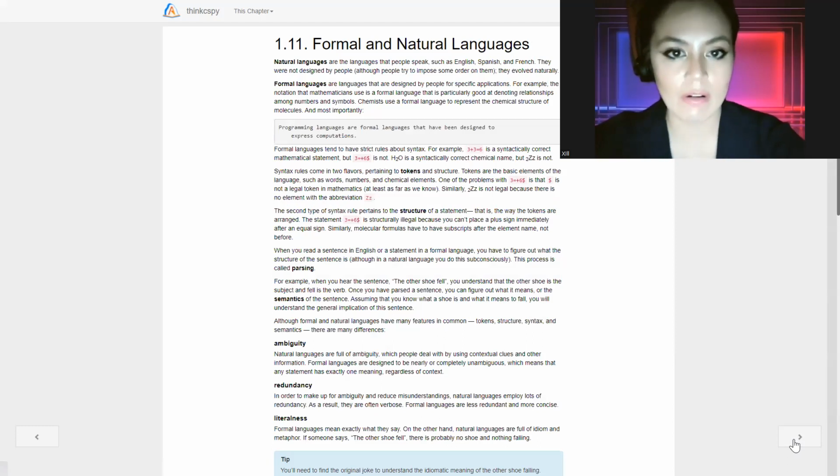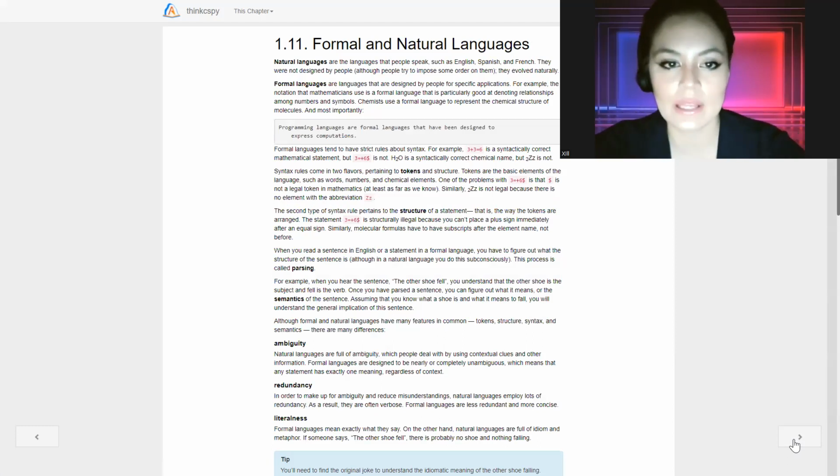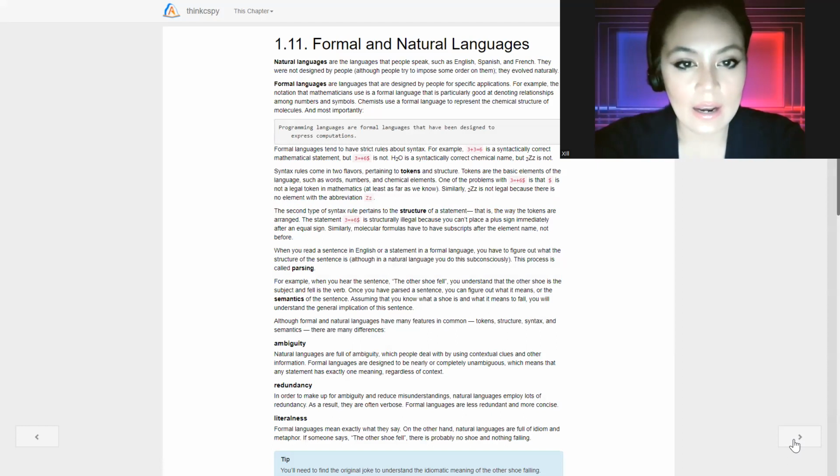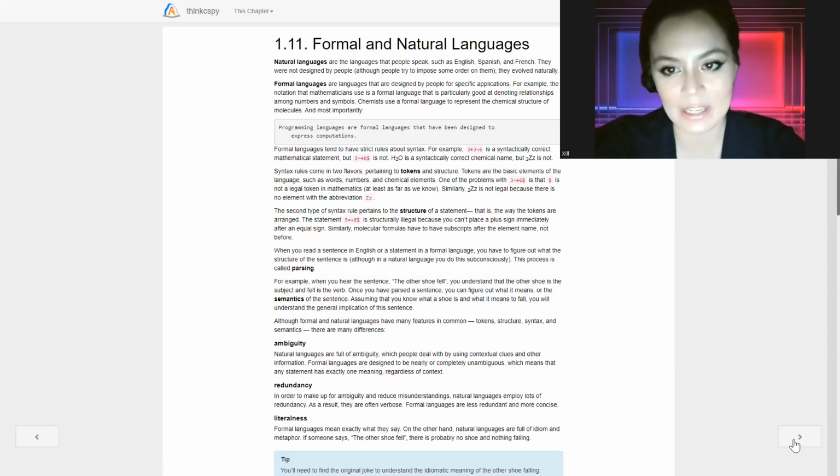Next section, formal and natural languages. Natural languages are the languages that people speak, such as English, Spanish, and French. They were not designed by people, although people try to impose some order on them. They evolved naturally. Formal languages are languages that are designed by people for specific applications.